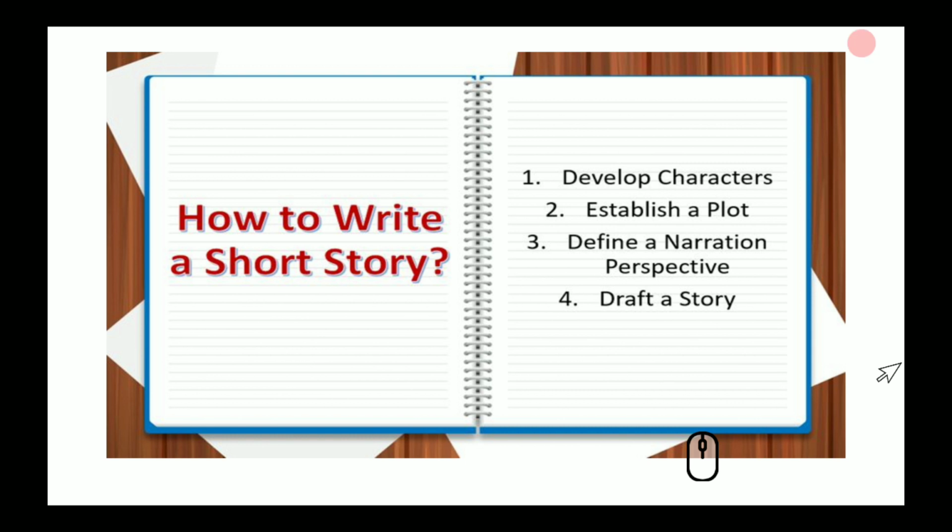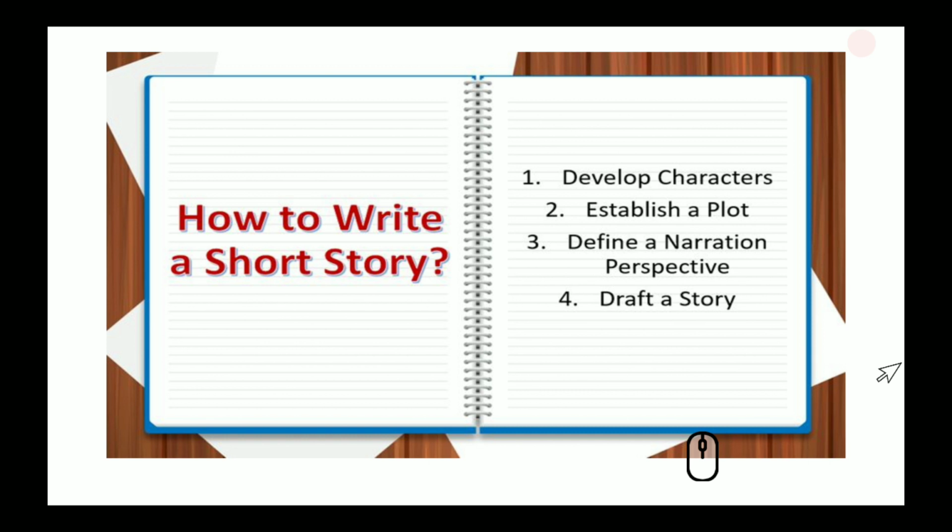First, there are 4 points that you should remember. Develop characters. Who are the characters in the story? Establish a plot. What is the scenario? Define a narration perspective, the dialogues, draft a story.